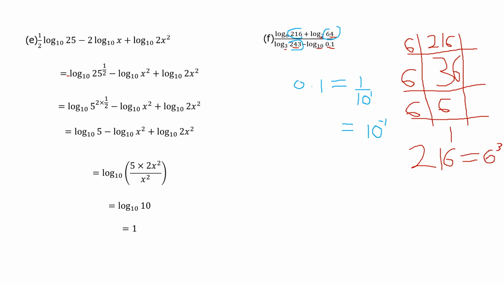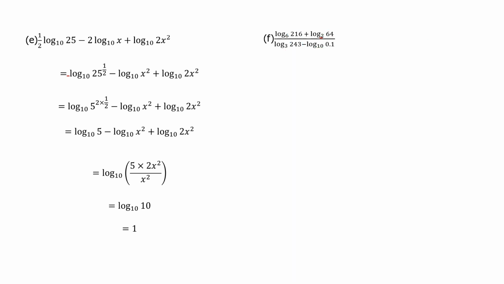Remember the index form when we wanted to write this denominator in the numerator, we had to change the sign of the power. We are having log of 6 power 3 base 6, log of 2 power 6 base 2, then log of 3 power 5 base 3, and lastly log of 10 power negative 1 base 10.